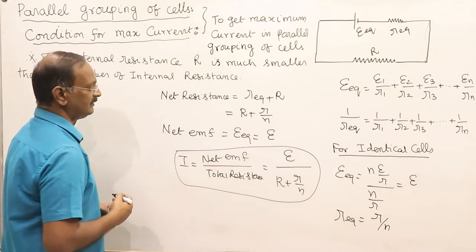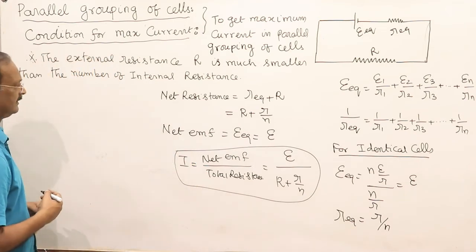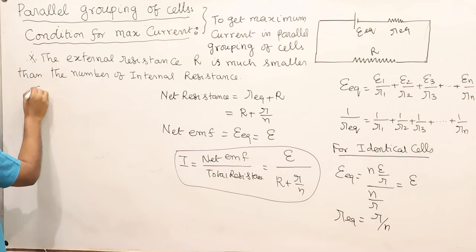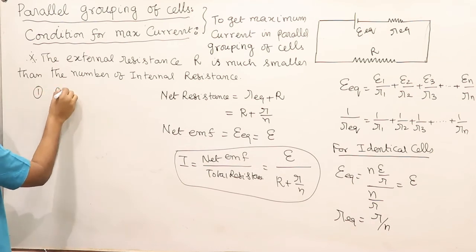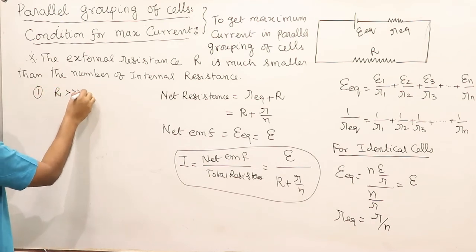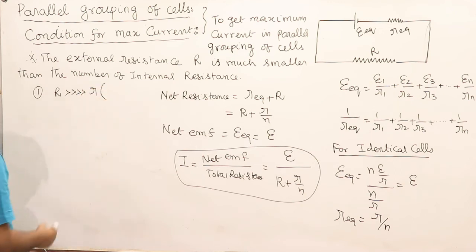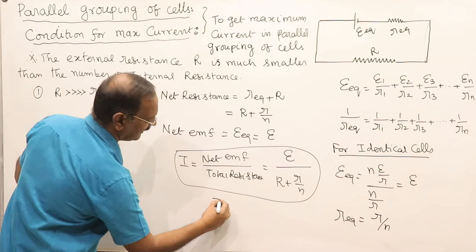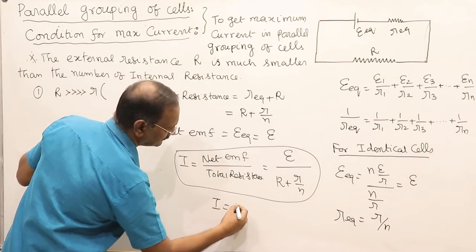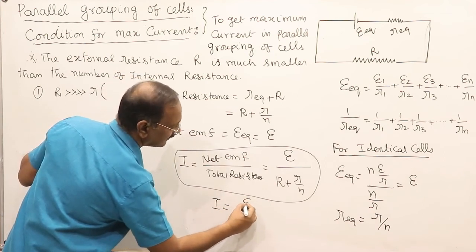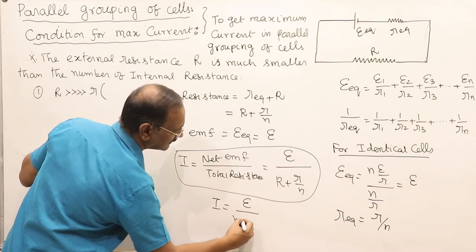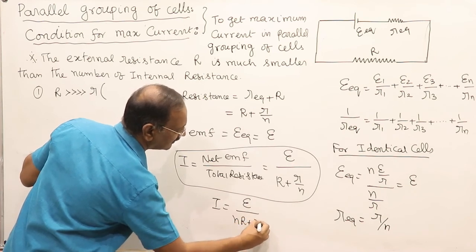And now we want the current to be maximum. Here there are two conditions. First condition, if R is much greater than the internal resistance r, this can also be written as I equals nE divided by nR plus r.